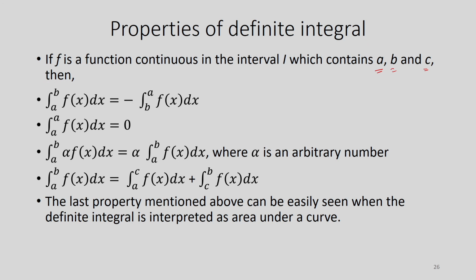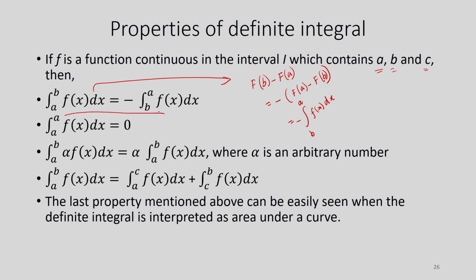This is not very difficult to see, because what we get is capital F b minus capital F a, assuming that F prime of x is equal to small f x. You can write this as capital F a minus capital F b, and this is the integral from b to a of f x dx. So, that is why you get this particular property.